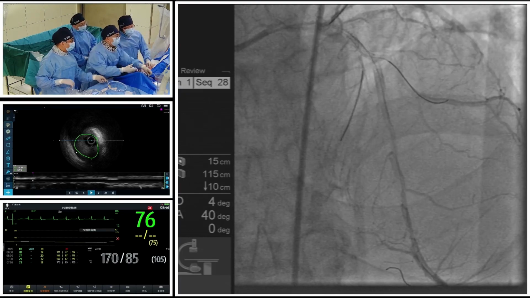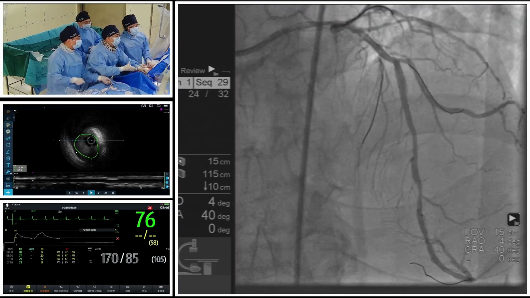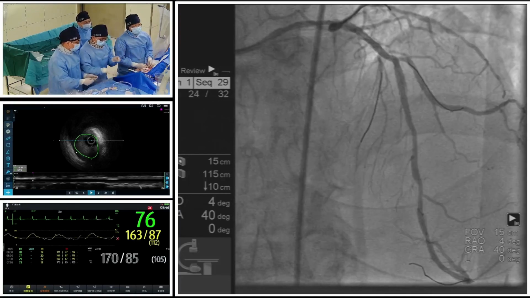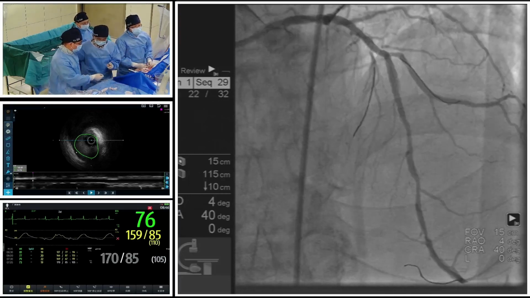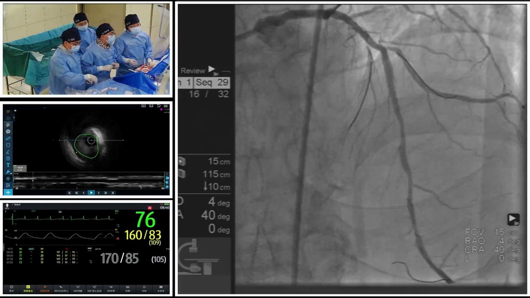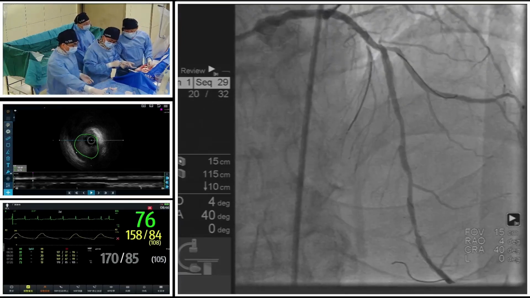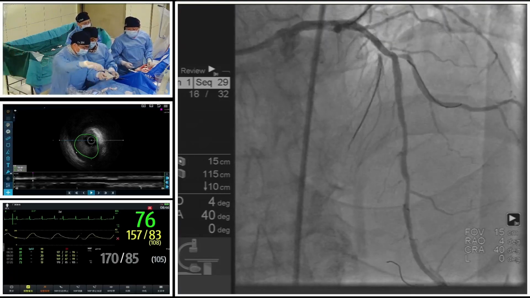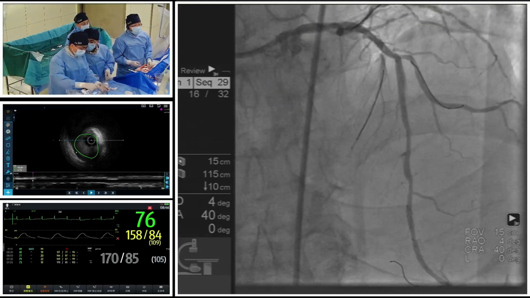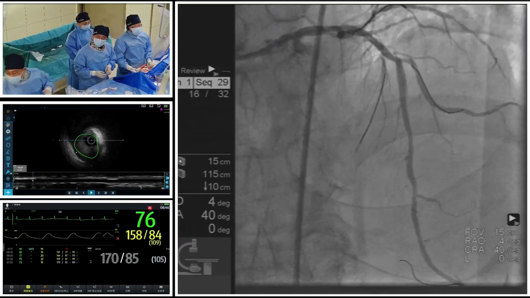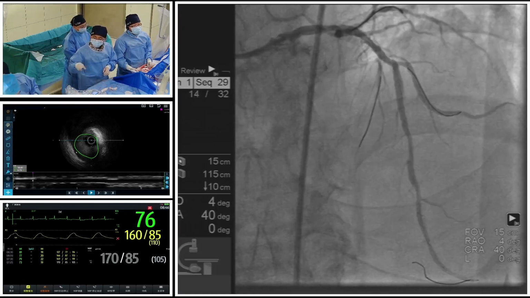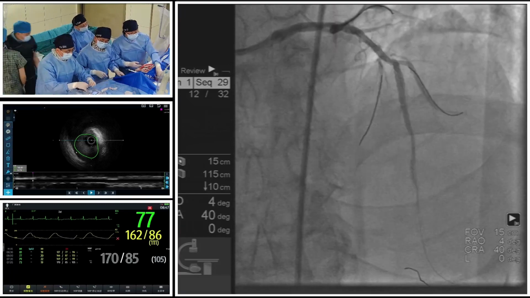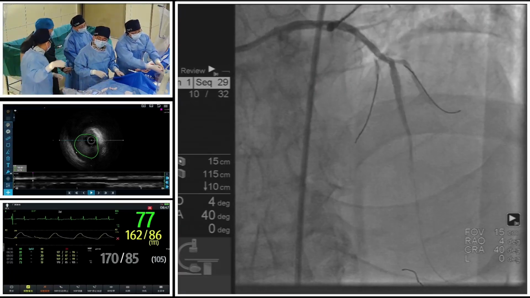Former OCT studies demonstrated that without any intravascular imaging system, the stent expansion ratio is only around 60% or 70%, which is relatively low. With the help of all these imaging devices, we know the distribution and also the severity of the calcification. So we choose wisely which kind of modification strategies to use.